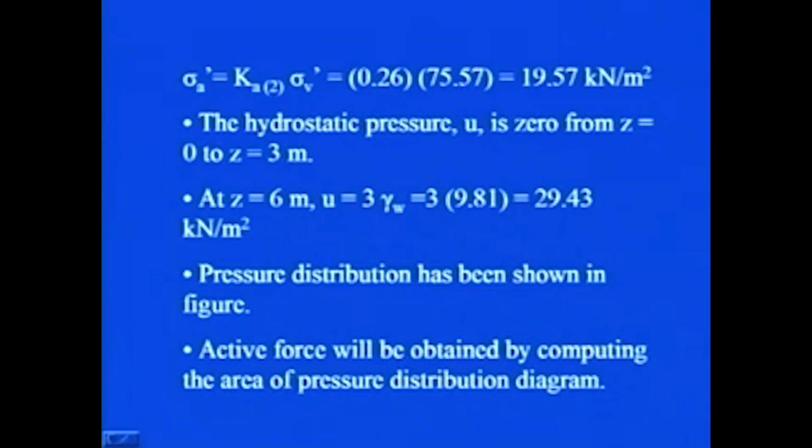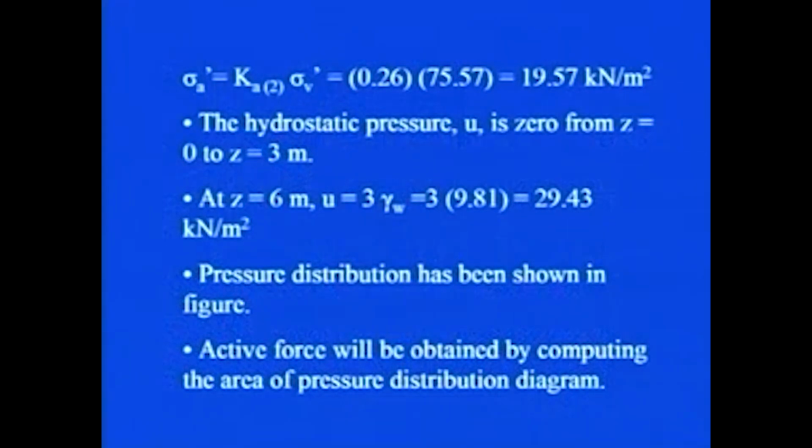Now, since there is a water table present at a depth of 3 meter below the existing ground level, from z is equal to 3 meter to z is equal to 6 meter there will be the presence of pore water pressure. As I explained earlier, the water exerts hydrostatic pressure. So the hydrostatic pressure U is 0 from z is equal to 0 to z is equal to 3, because no water table is present there.